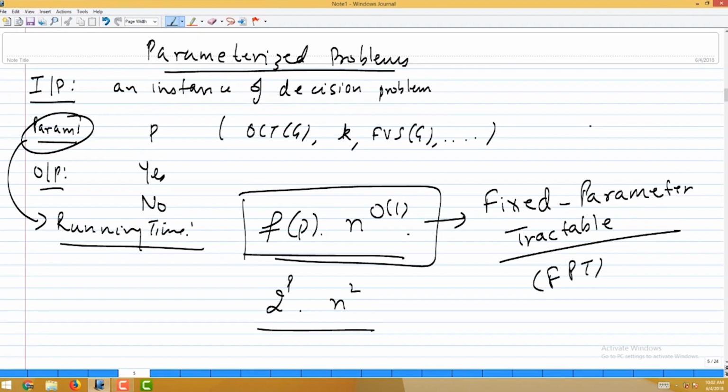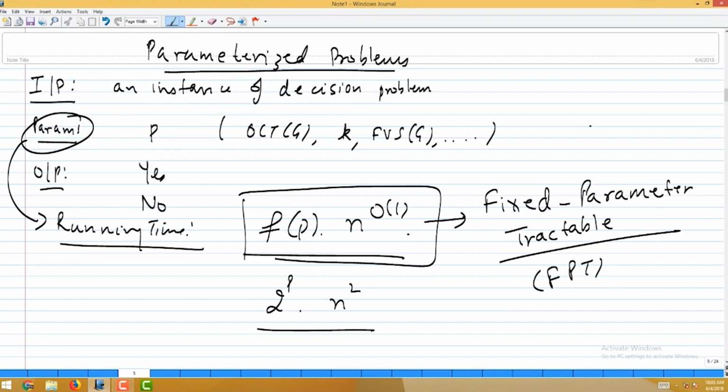Again, when I say a problem is FPT, I mean with respect to a certain parameter. And in case I forget to define the parameter, you can definitely ask me what parameter I'm talking about. But in general, if I forget to define the parameter, I'll by default assume that the parameter is the solution size. For example, for vertex cover, it would be the k. If you're looking for a vertex cover of size k, k would be the parameter. For OCT, if you're looking for an OCT of size k, k would be the parameter in the default setting. If that is not the parameter, I'll define it explicitly.